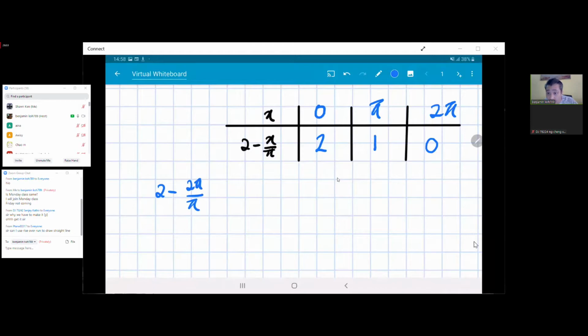Rise over run. Yes, you may use rise over run to draw the straight line graph, but here's the problem, because there's a pi. When there's a pi, students may not know how to draw the graph properly. Normally when you draw your graph, it is just, for example, persamaan garis lurus, y equals 3x plus 5. So no problem, because the gradient is 3.